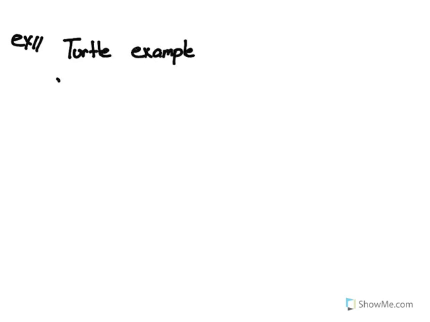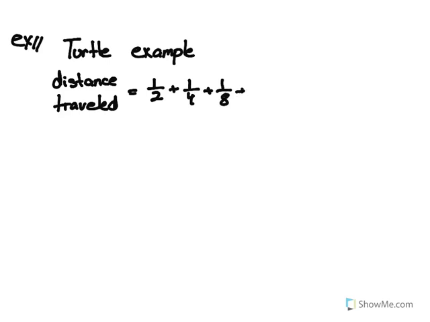In the turtle example, the distance our turtle traveled was equal to 1/2 plus 1/4 plus 1/8, and so on. If you write it with sigma notation, this is the sum over k equals 1 to infinity of 1/2 to the k.